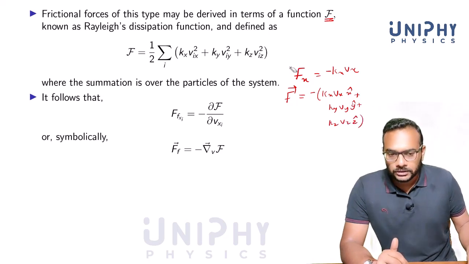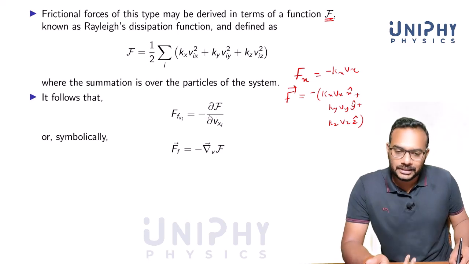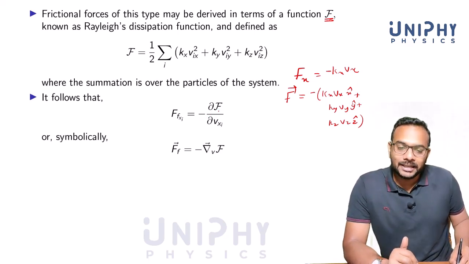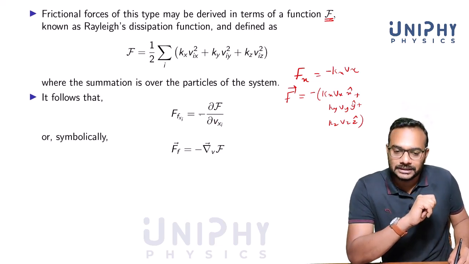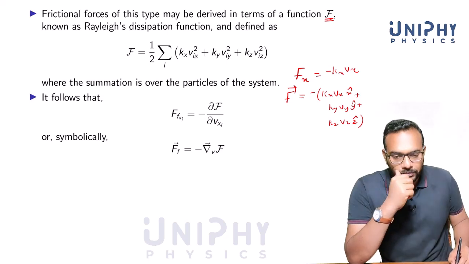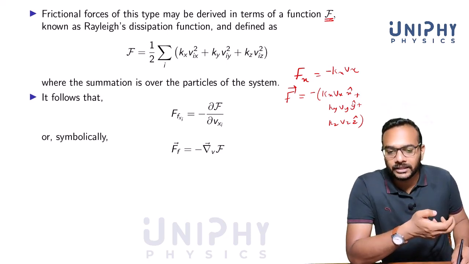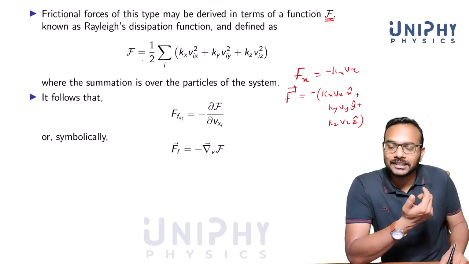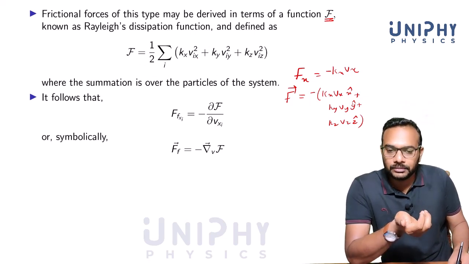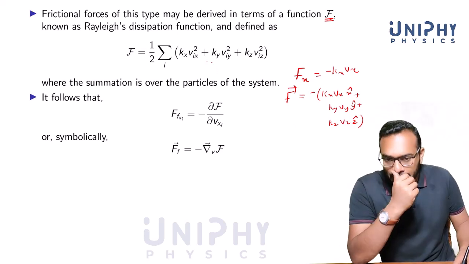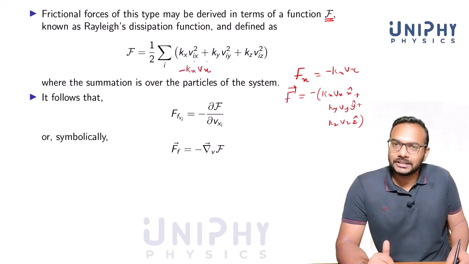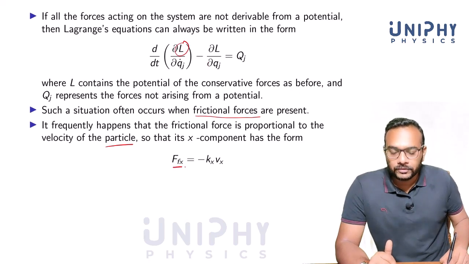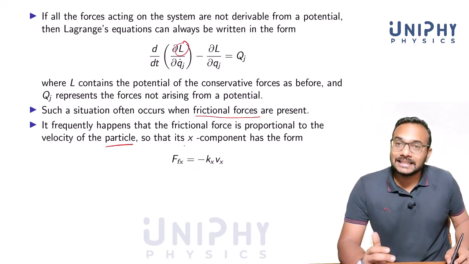This force can actually be obtained by taking the derivative of the dissipation function with respect to the respective component of velocity, with an appropriate minus sign. If you take dou F by dou Vx, you will get the corresponding component of the frictional force. For example, if you take dou F by dou Vx, you will get kx Vx. So minus dou F by dou Vx is minus kx Vx, which is exactly the x component of the frictional force in this particular case.